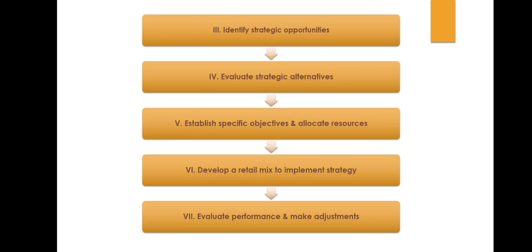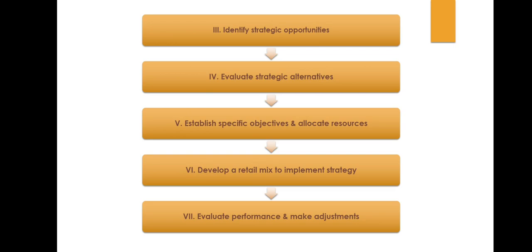The fifth step is to establish specific objectives and allocate the resources. After evaluating the strategic investment opportunities, the next step in the strategic planning process is to establish a specific objective for each opportunity. The retailer's overall objective is included in the mission statement. The specific objectives are the goals against which progress toward the overall objectives can be measured.